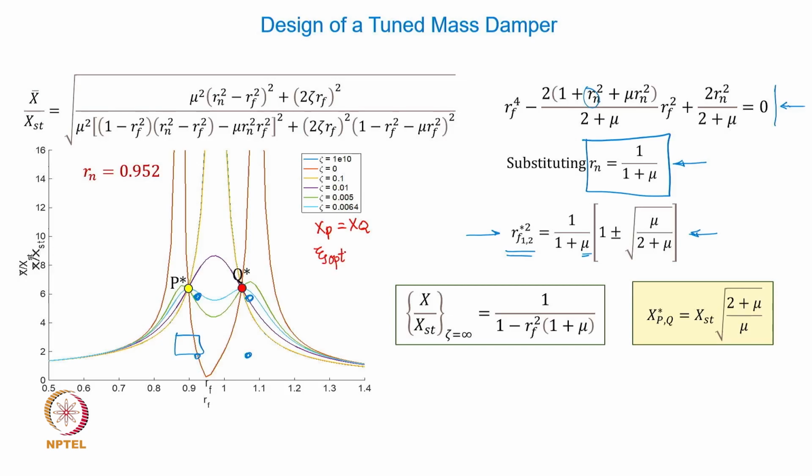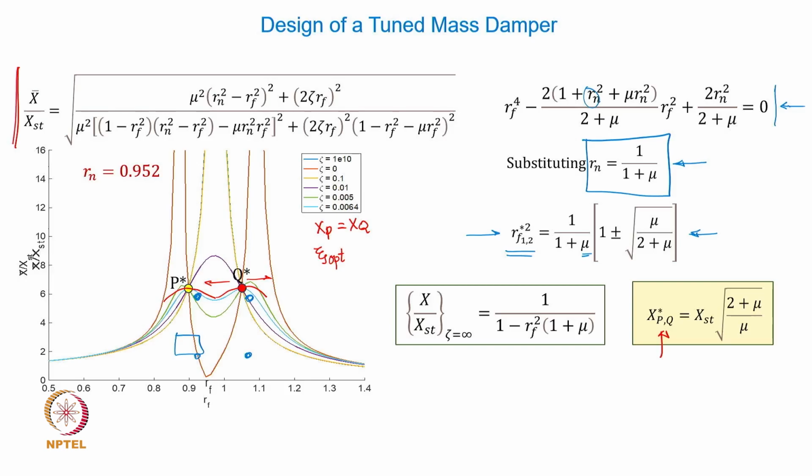Now if you somehow choose the damping ratio so that these graphs pass through these 2 points with zero slope, then neither on this side nor on this side the graphs would exceed the value of xp star and xq star, that is this particular value. And that you can do by first differentiating this expression, differentiating it with respect to rf.